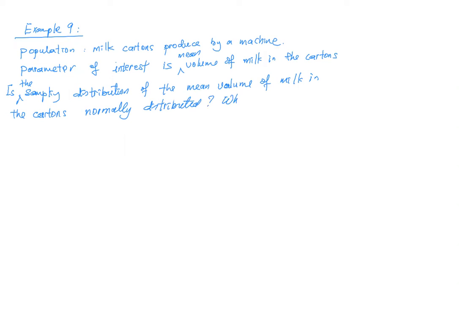Why? Okay. Because it's not normally distributed, you cannot use our way, correct? Because we assume it is normally distributed.